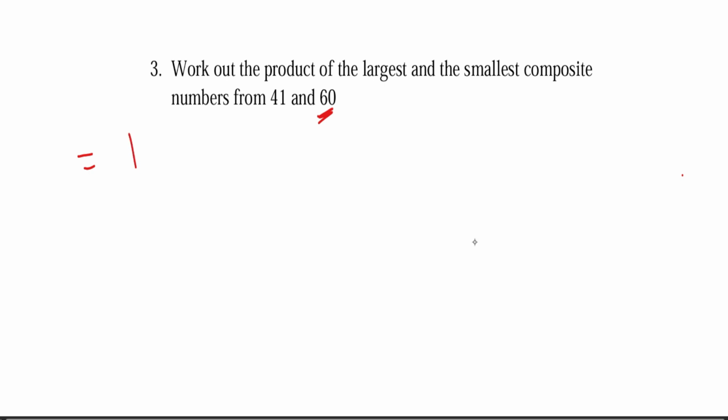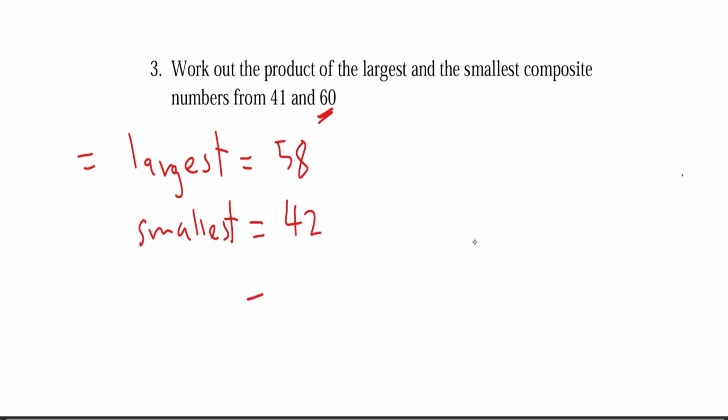So the largest one is 58, the number before 59. 58 has several factors. The smallest one is the one after 41, since 41 is not included: 42. So the product is 58 times 42. It should give you 2,436.